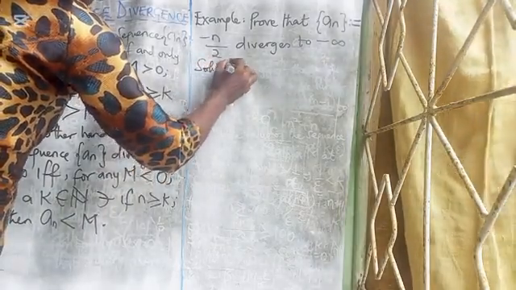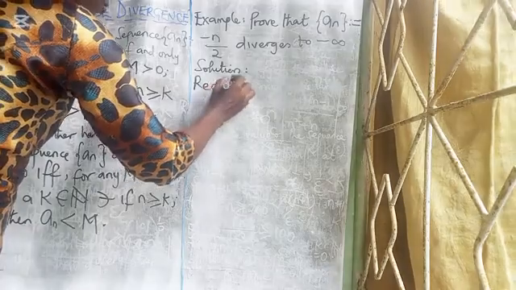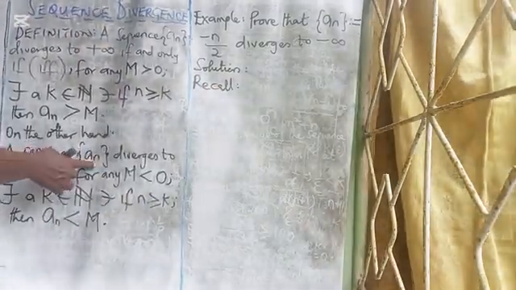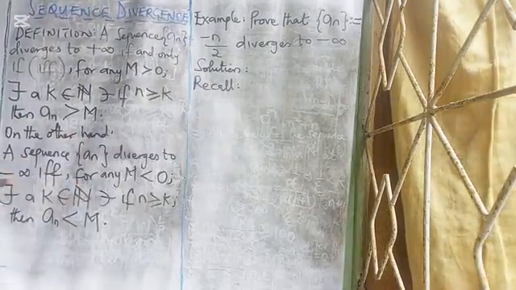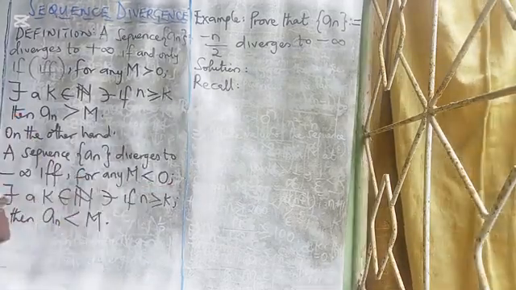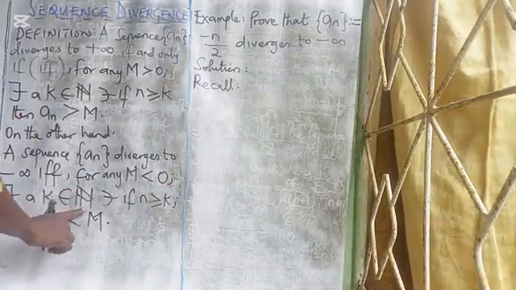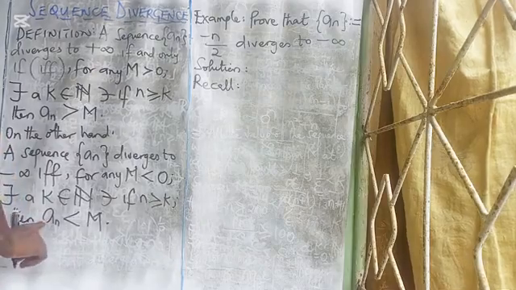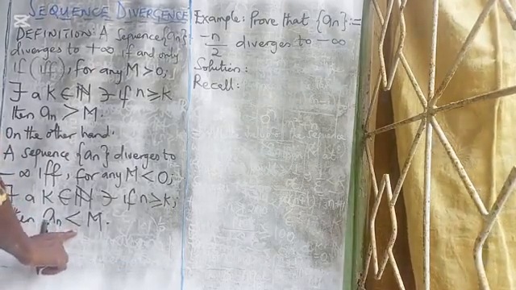The first thing we need to do is to recall our definition. It says a sequence a_n diverges to minus infinity if and only if for any m less than 0, there exists a k belonging to the set of natural numbers such that if n is greater than or equal to k, then our sequence a_n will be less than m.